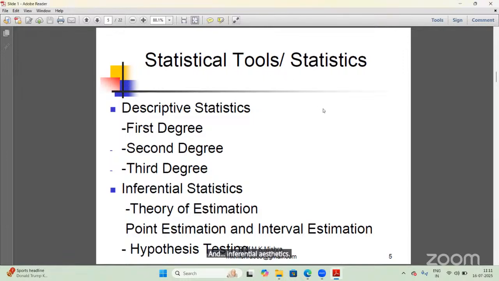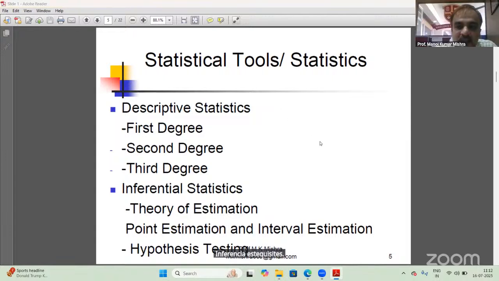Descriptive statistics is divided into 3 parts: first degree, second degree and third degree.